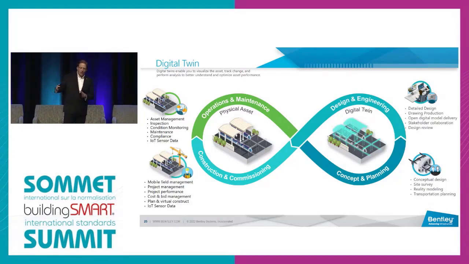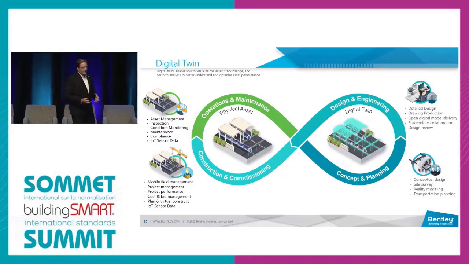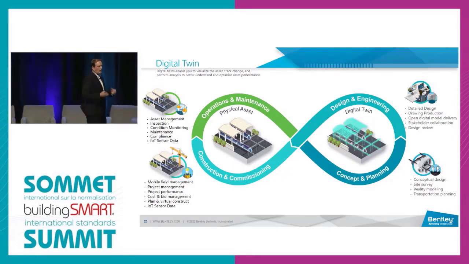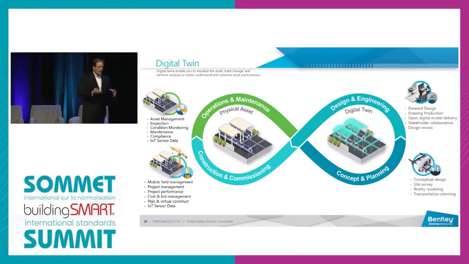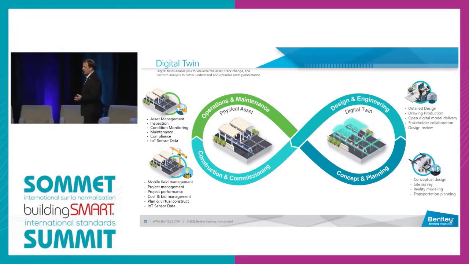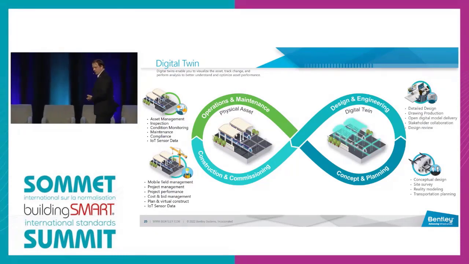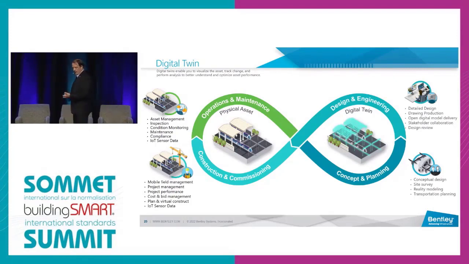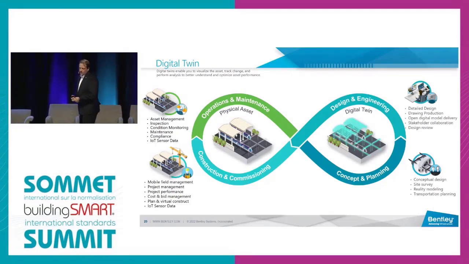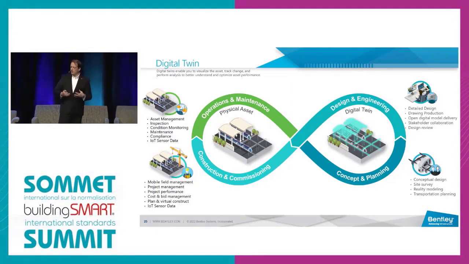If you go bottom left, you'll be able to take that data into construction, do your mobile file management, and get all the data in the field, plan your project, and so on. Do your costing, your bidding, your IoT sensors connection, and so on. And in operation and maintenance, you'll have your asset management, your inspection, condition monitoring, and so on.